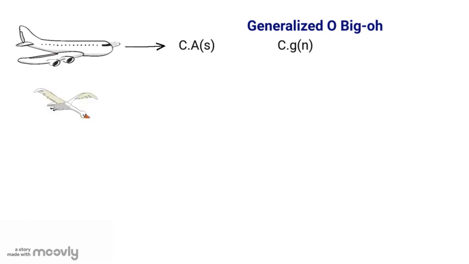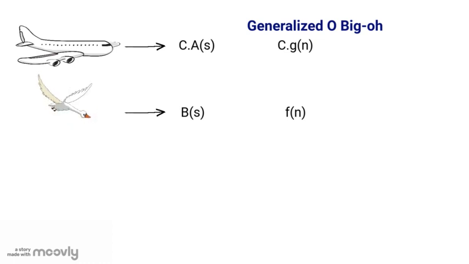Similarly, we can have the given function's time complexity, which is nothing but f of n, where n is the input and f represents the function for generating the time complexity with respect to the given input n. So that is mapped to the function B of S, that is, the bird's altitude is mapped to the given function's time complexity.